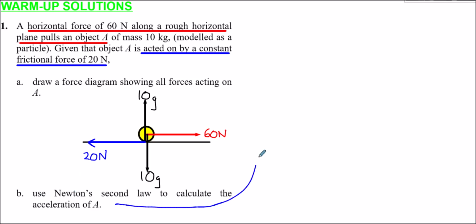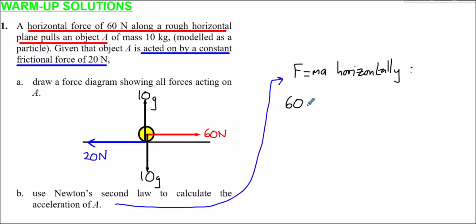Part B, use Newton's second law to calculate the acceleration of A. And so, obviously there's going to be no net force going up or down. The 10g up cancels the 10g down. So we just need to apply F equals ma horizontally. So the overall force going to the right is 60 minus 20.